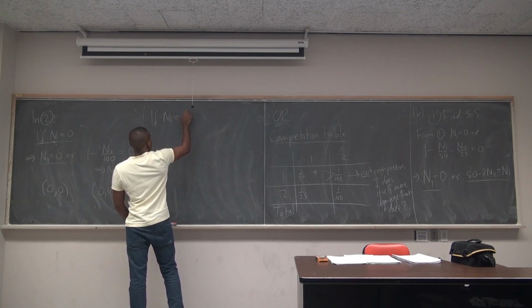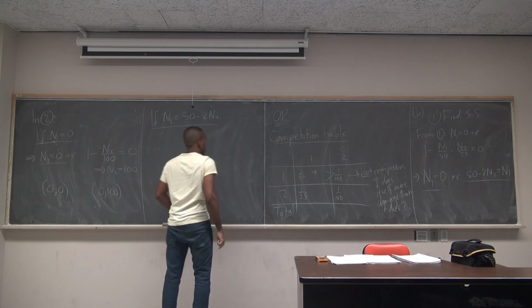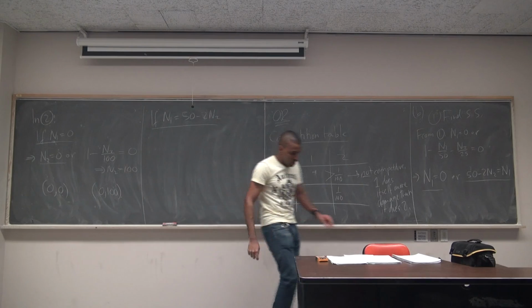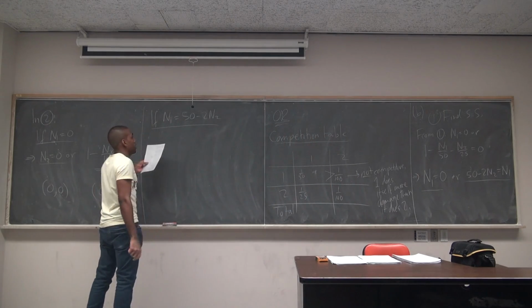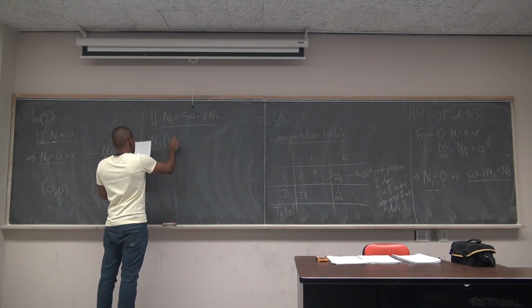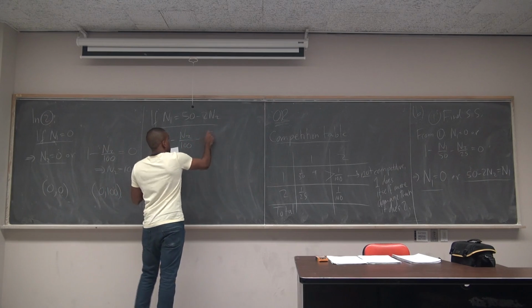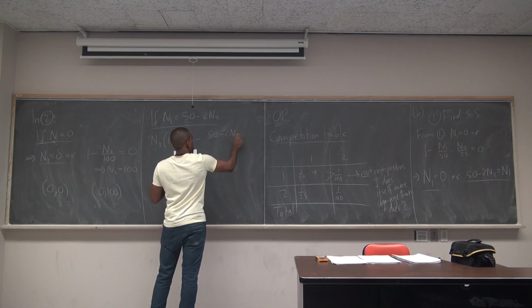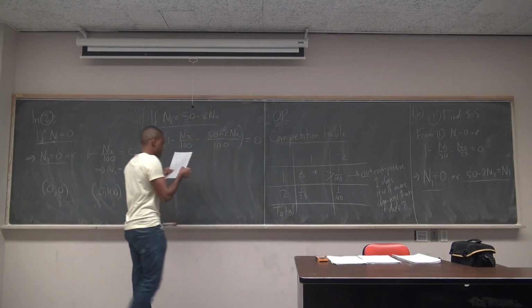If N1 is equal to 50 minus 2N2, then I would plug it into the equation. We will have N2 times 1 minus N2 over 100 minus (50 minus 2N2) over 100 equals 0.